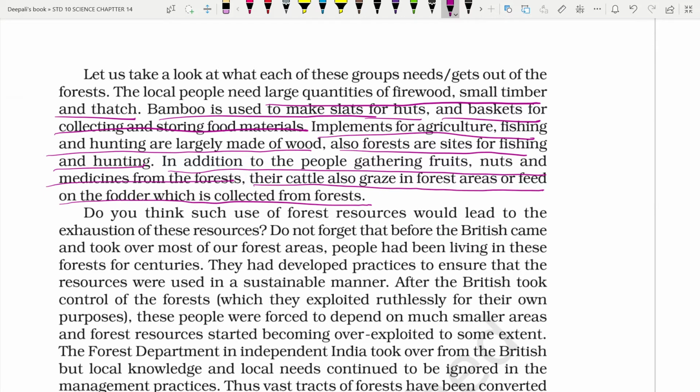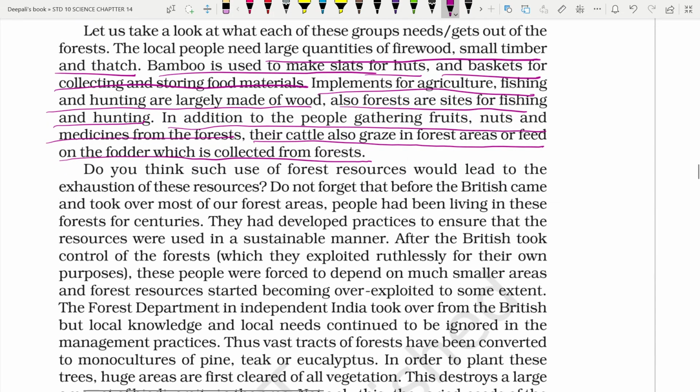Do you think such use of forest resources would lead to exhaustion of their resources? Do not forget that before the British came and took over more of our forest area, people had been living in these forests for centuries. But they had developed a practice to ensure that the resources were used in a sustainable manner.